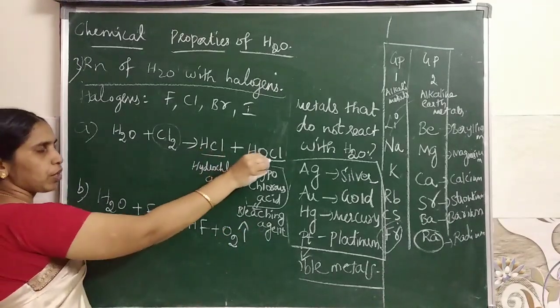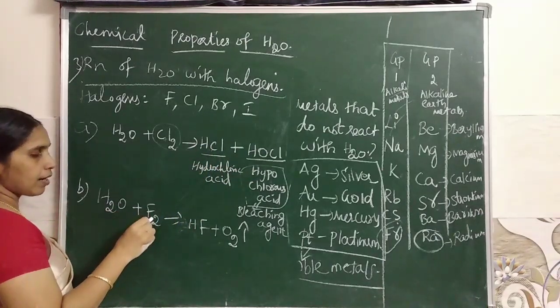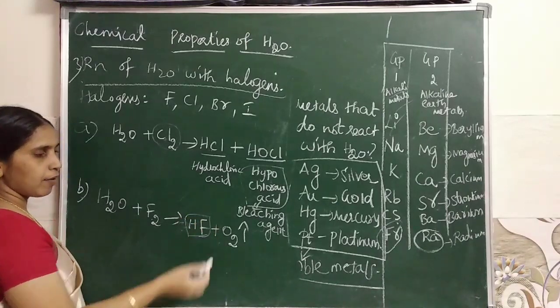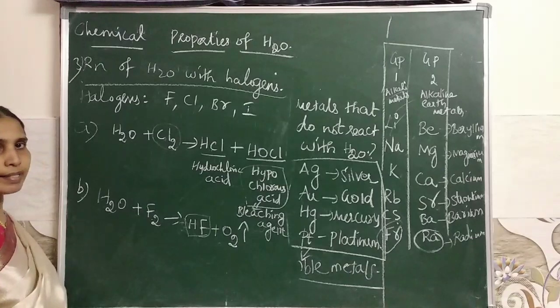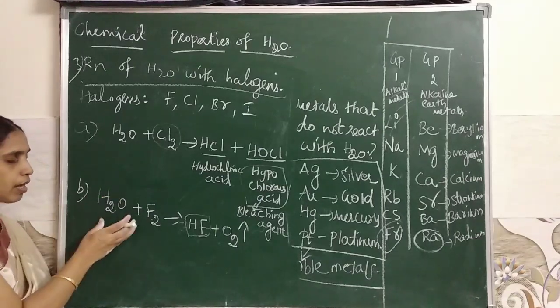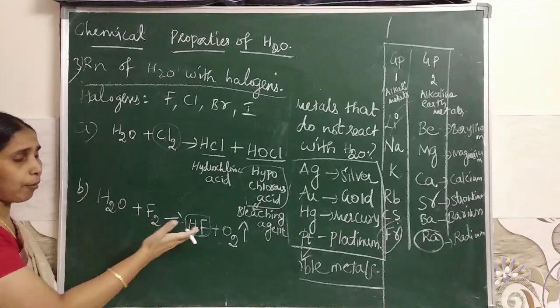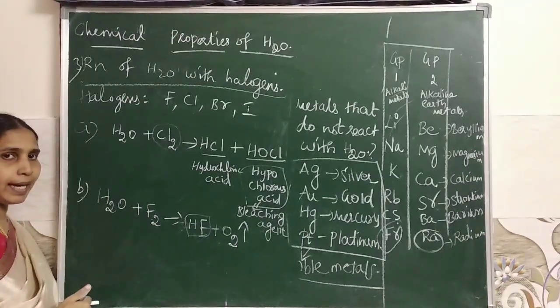So here two types of acid are formed with chlorine. When water reacts with fluorine, it forms HF, hydrogen fluoride, and which gas is liberated? Oxygen is liberated. Okay, so some equations or reaction sides are given and you can write the products. The question may be asked like this: complete the following reactions.